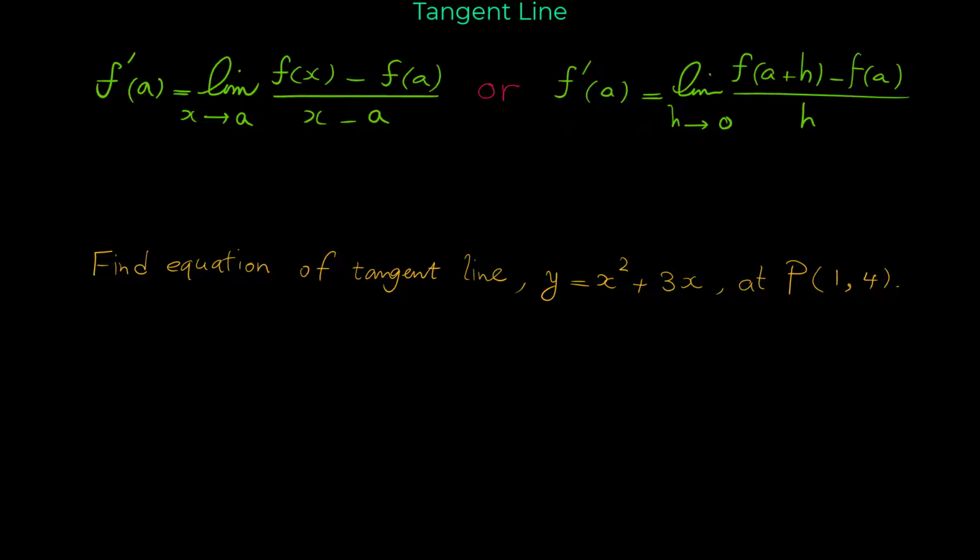Let me remind you of the equation of a line in general. If you remember, we can write the equation of a line using this formula. This is the point-slope form, because in this formula we need the slope. m is the slope of the tangent line, and x0 and y0 is the point that we need for writing the equation of a line.